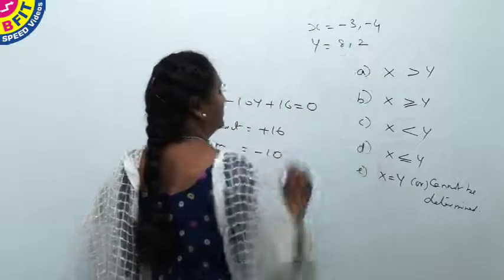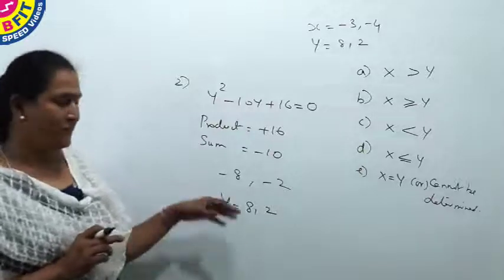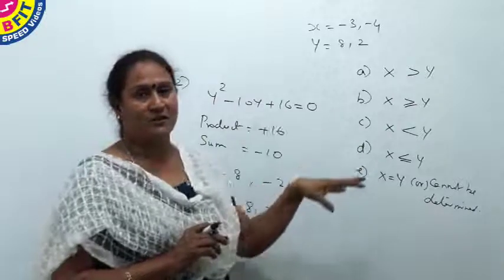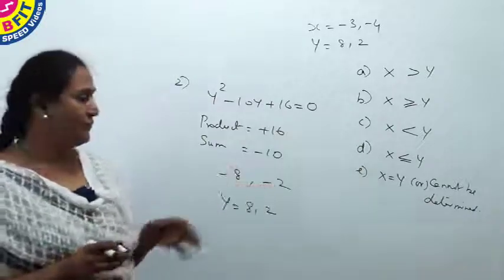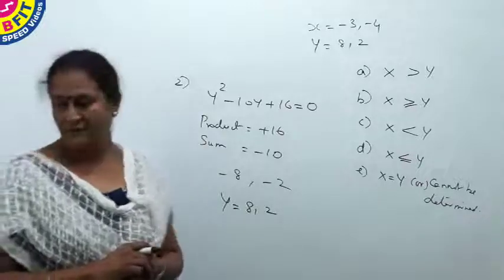8 and 2. So mostly they find it easier to solve the equation and get the values, but they find difficulty in choosing the options. So I'll tell you how to choose the options easily using the number line method.